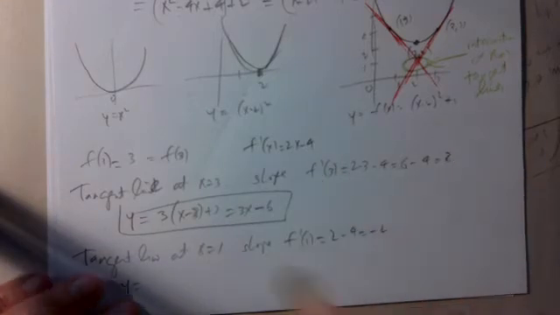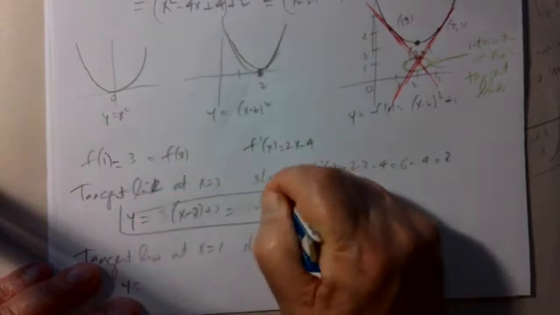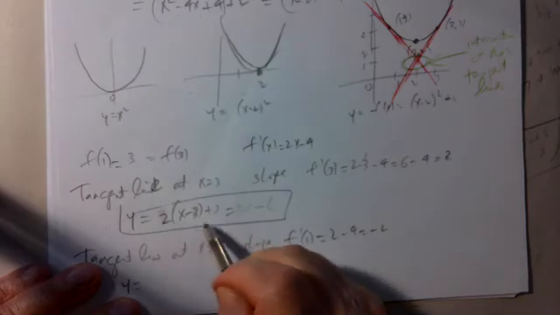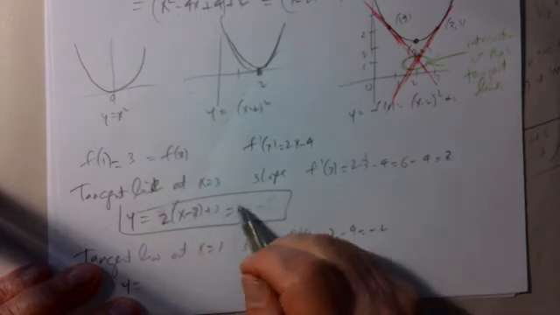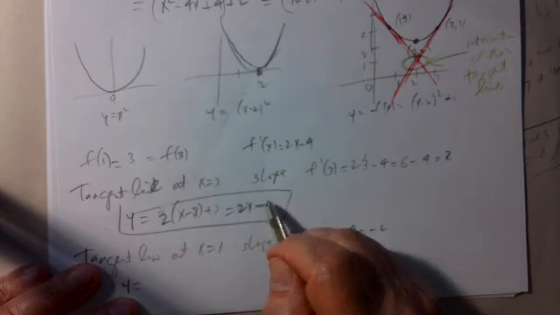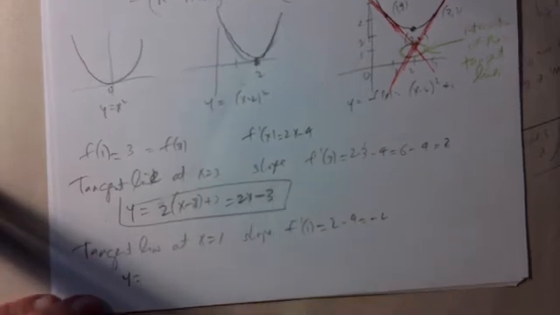This should be a 2 here. And it's always good to do these things correctly. So the line has equation y equals 2 times x minus 3, plus 3, which is 2x minus 6 plus 3, 2x minus 3. That's the tangent line at x equals 3. And when x equals 3, this is 3, so this is okay.